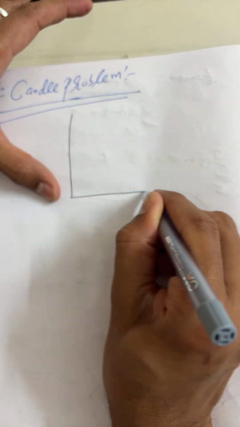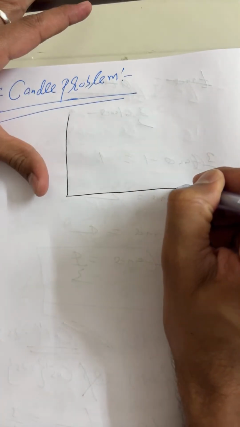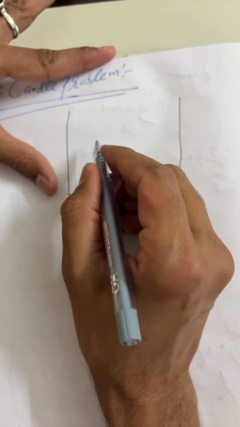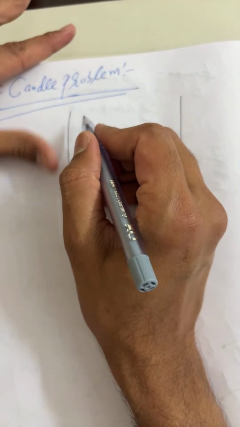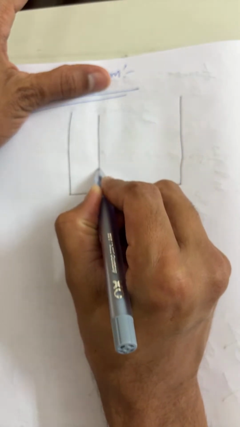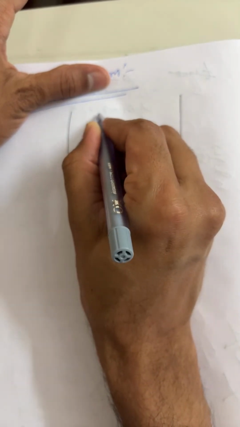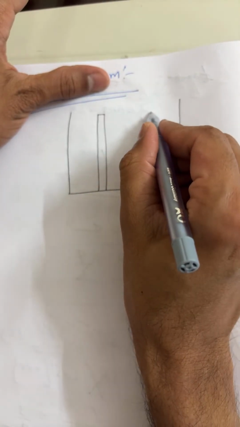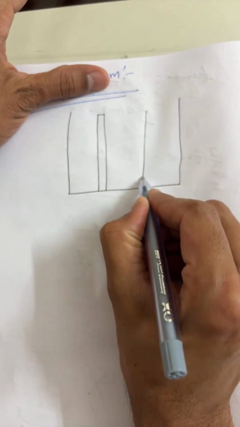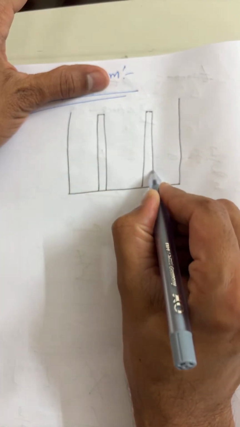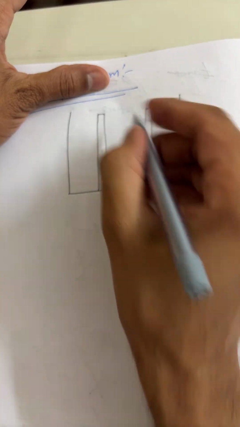You can say there is a kind of setup. In this setup there is a candle, and both candles are identical in height and also at a symmetrical distance from the wall.